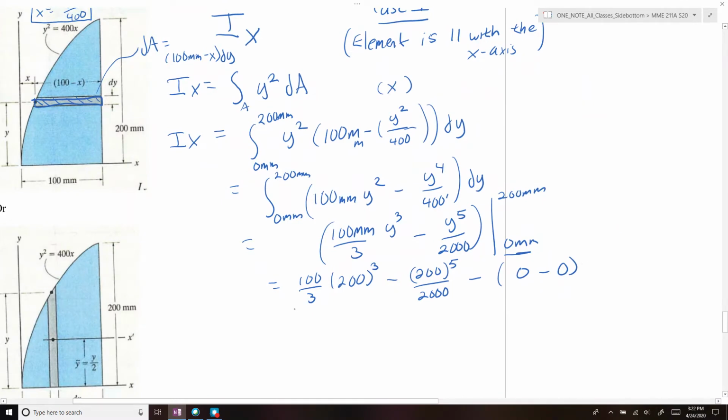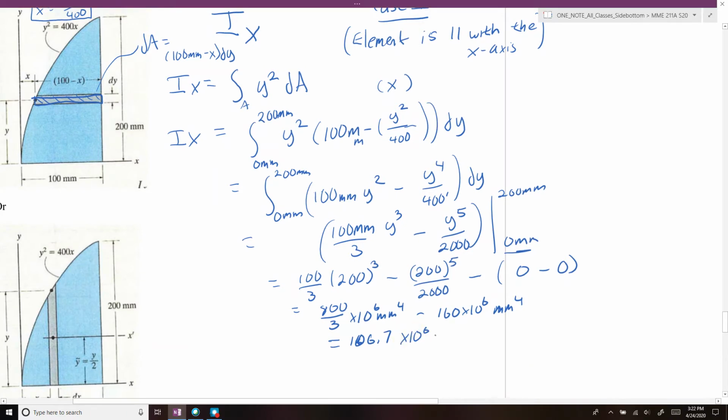If we evaluate all of that, we get 800 over 3 times 10 to the 6th millimeters to the fourth, minus 160 times 10 to the 6th millimeters to the fourth, which ends up being 106.7 times 10 to the 6th millimeters to the fourth, which is approximately equal to 107 times 10 to the 6th millimeters to the 4th.